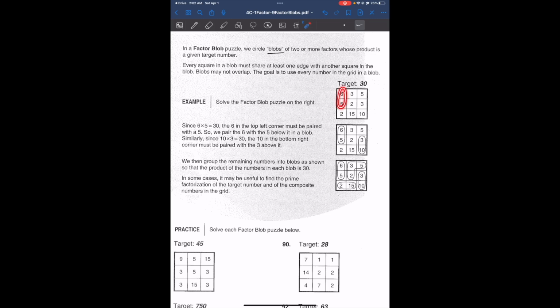That's one blob. Similarly, to get 30, we need to pair 10 with 3, so these two are one blob. And 2 and 15 is one blob. Then these three can be one blob and grouped into one group to get the target number 30.